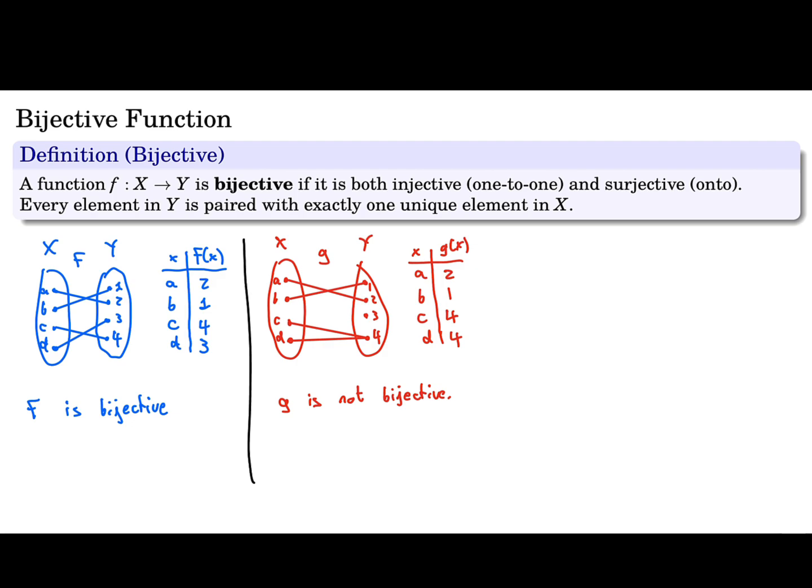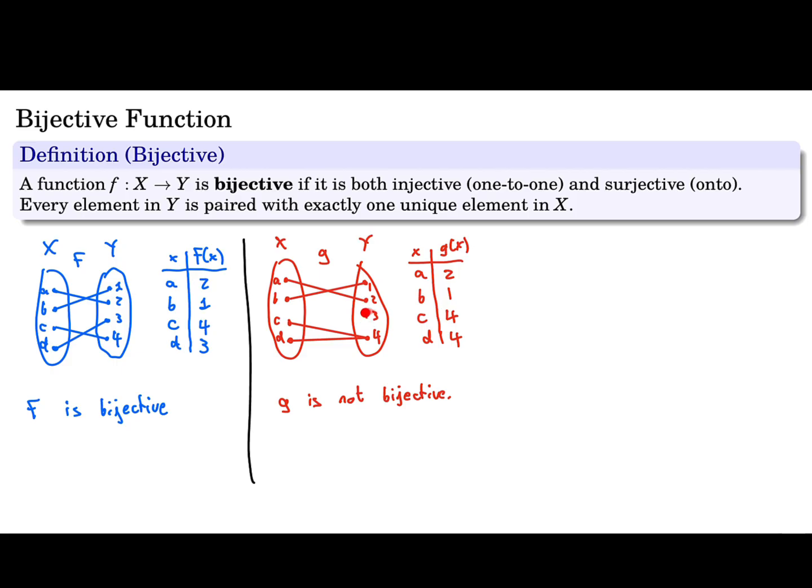And why not? You can check quite quickly here that two things happen actually. This is neither surjective nor injective. It's not surjective because 3 is not appearing in this column here, and so no input gives you 3.